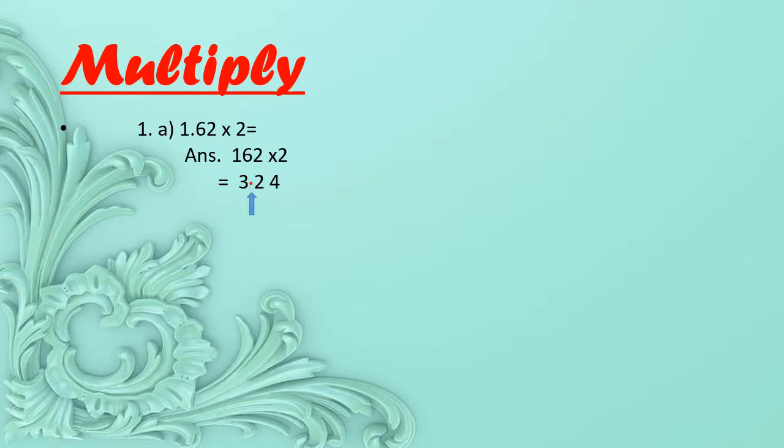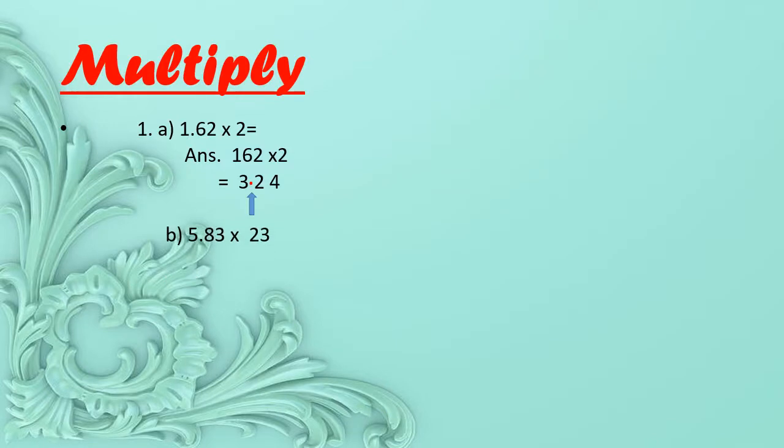That will be 3.24, because we know that two decimal places are there. After the point we again have two decimal places. So this will be our first question, part A.